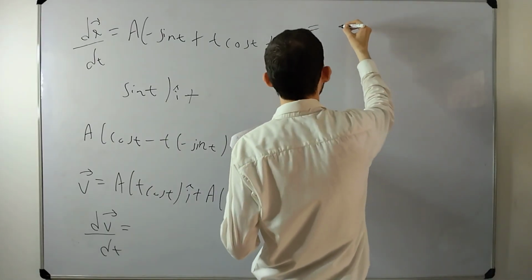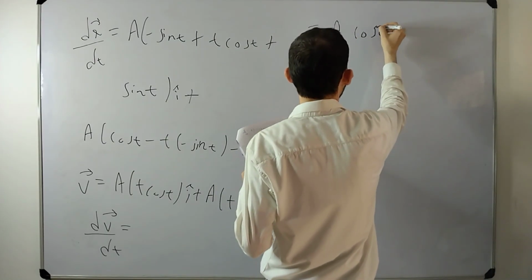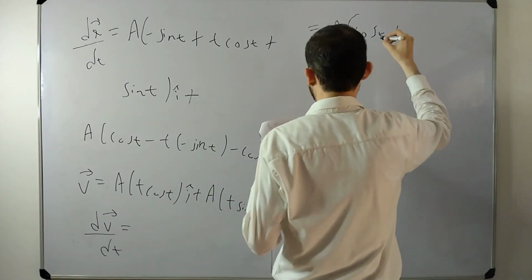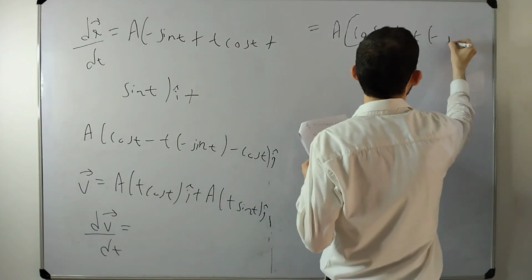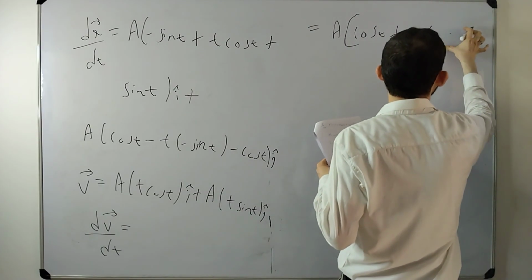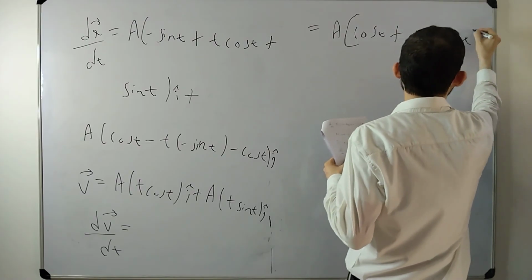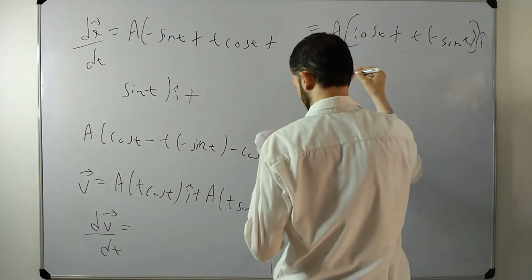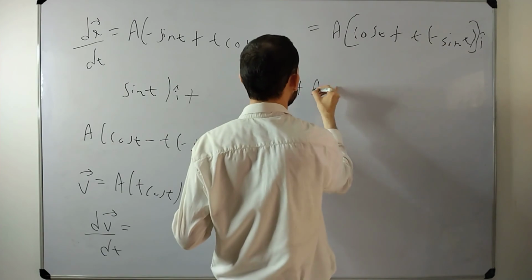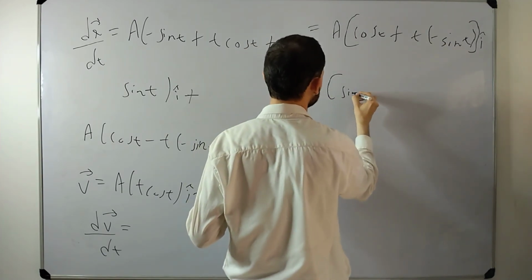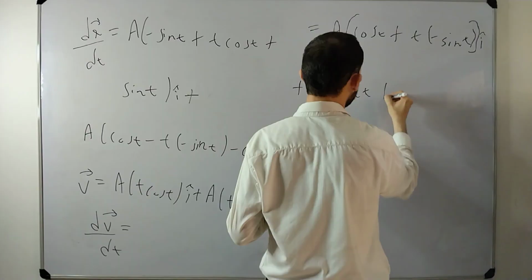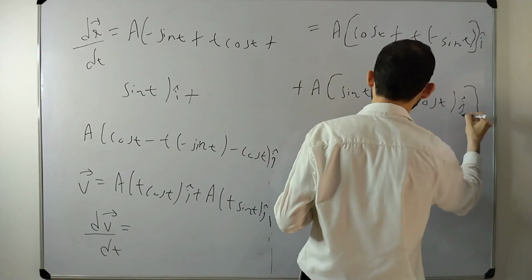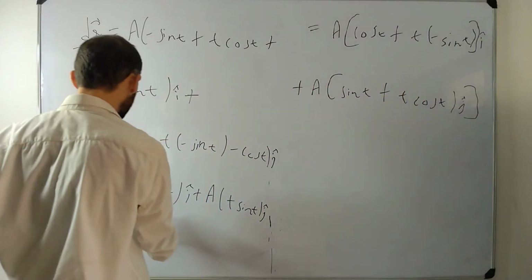A is cos t, and this is t minus sin t, t sin t i cap. This is A sin t, t cos t j cap. We differentiated this velocity value, no?